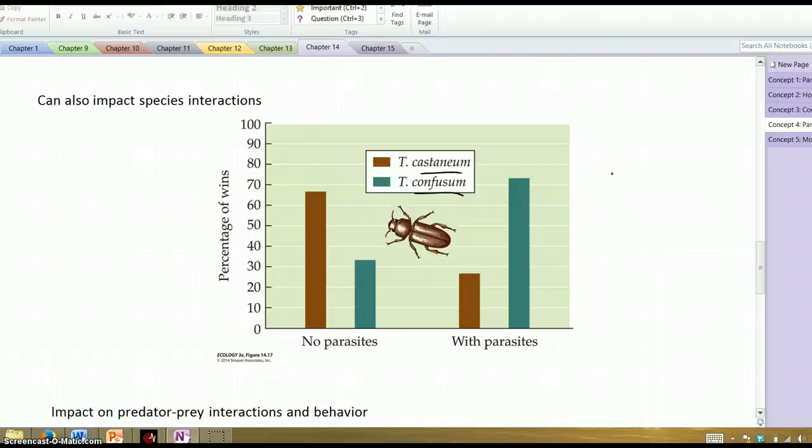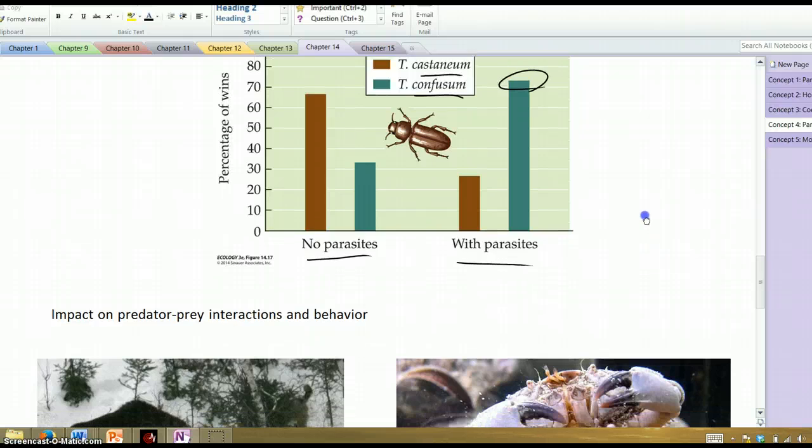And so you can see when there's no parasites in either population that castaneum is clearly the dominant species, whereas when both types have the parasite, confusum is the dominant of the two, changing the competitive outcome of these two species. Apparently, confusum can better handle the parasite. When the parasite's not around, castaneum is simply a better competitor.